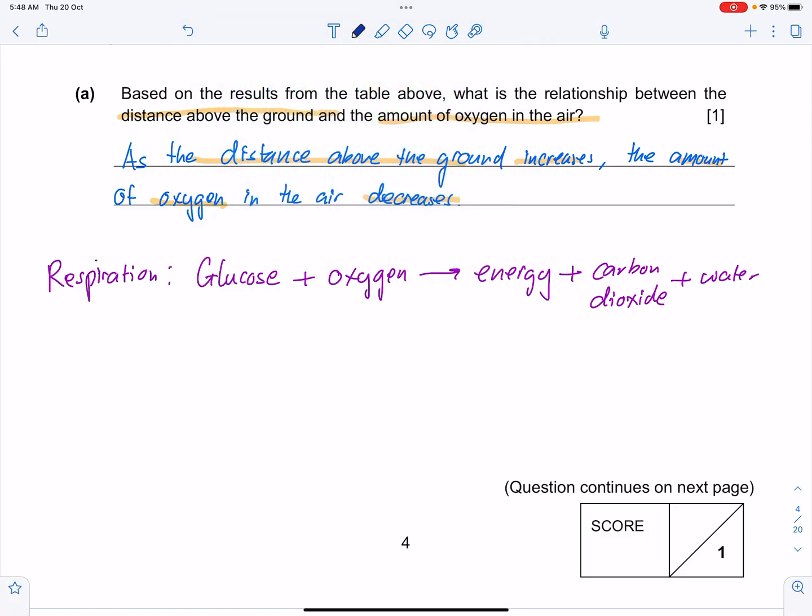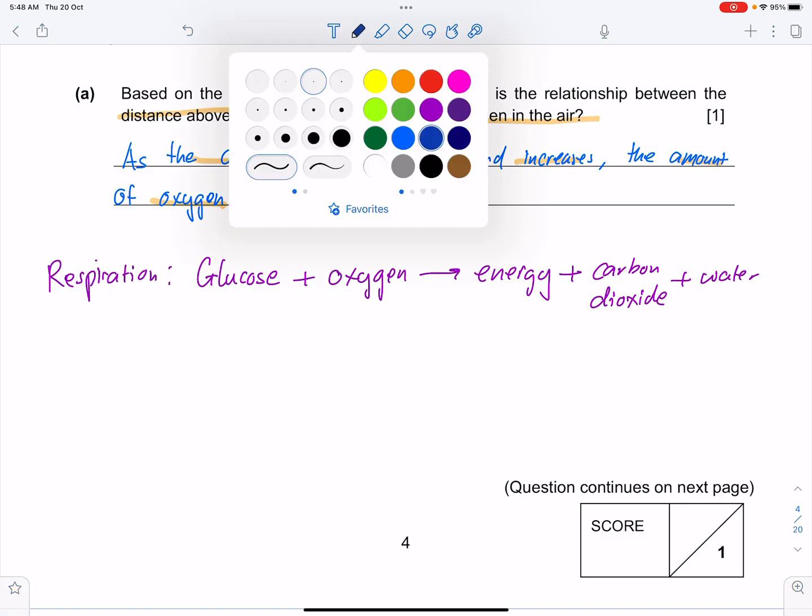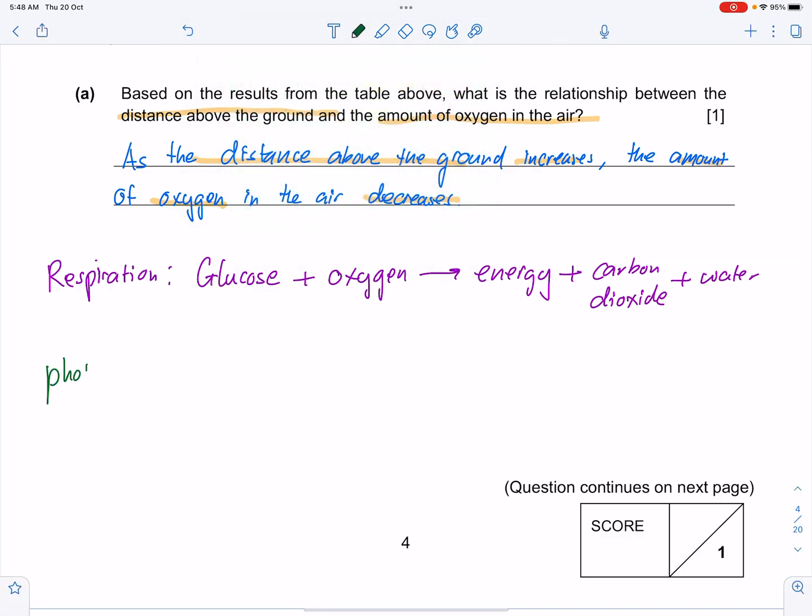And then you have your photosynthesis. I'm going to do this in green so that this helps to stick in your mind better. So photosynthesis is the opposite of respiration. It's really cool. I'm going to spend a little time on this. So what happens is that you get carbon dioxide together with your water, and that in the presence of light energy.